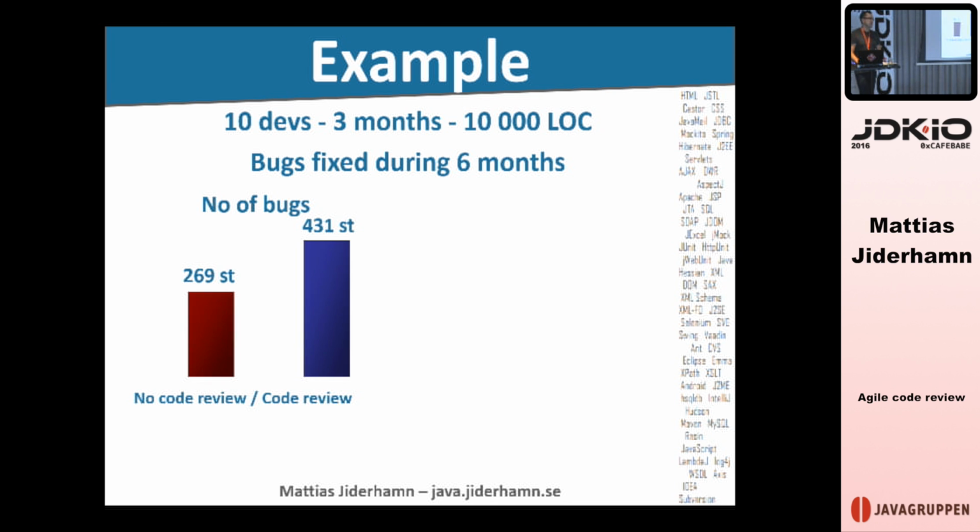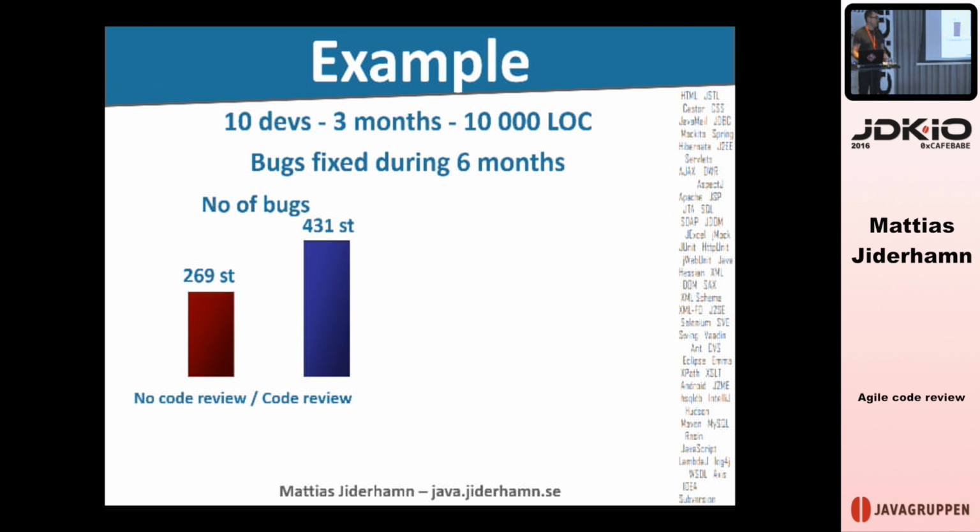When they did no code review, after 6 months they had discovered 269 bugs. But for the version that they did code review on, after 6 months they had uncovered 431 bugs. So they actually found 162 bugs that after 6 months on the other version were still uncovered.